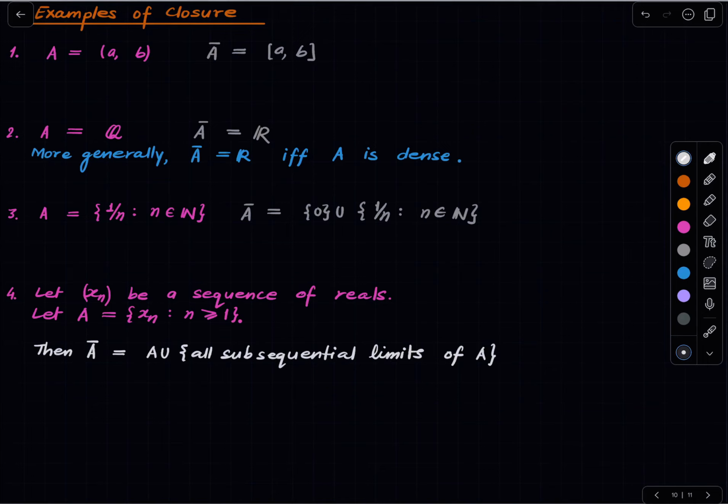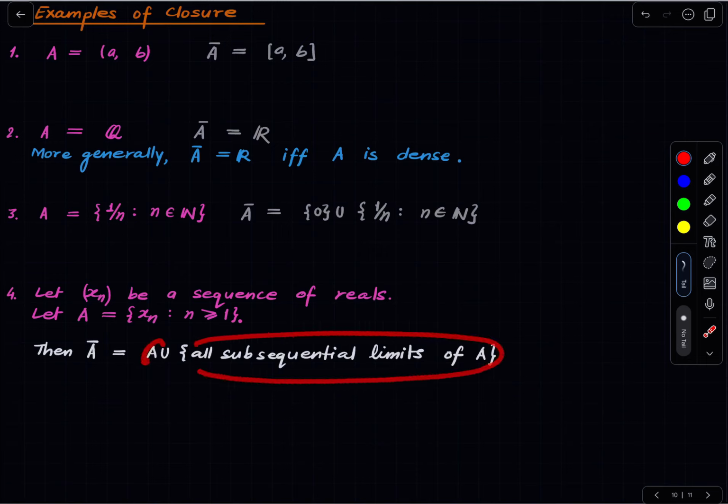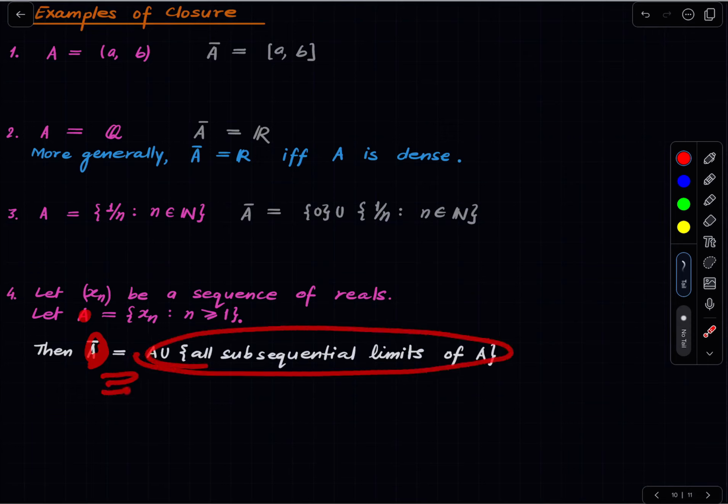Okay, I hope I'm not making a mistake. I'm pretty sure this is true. Let me just think for a moment. Yeah, so it is clear that this and that are both contained in A closure, because A closure is a closed set, and if you have a convergent subsequence in A, it is also a convergent subsequence in A closure, and hence its limit must lie in A closure because A closure is closed. So this much is definitely contained in A closure.